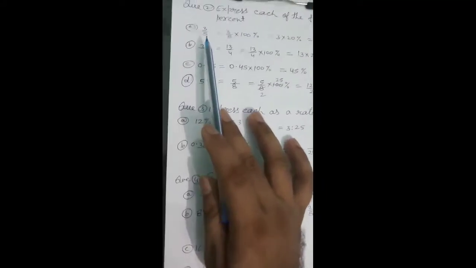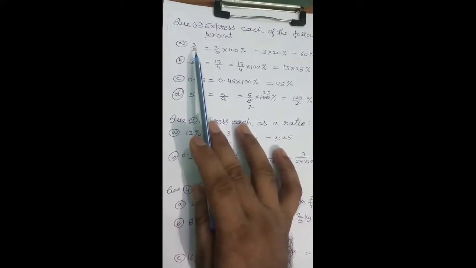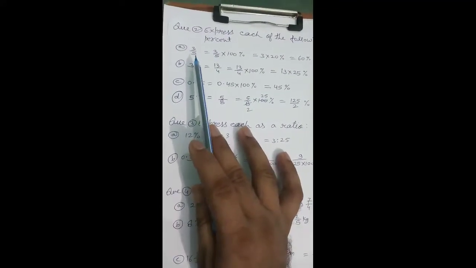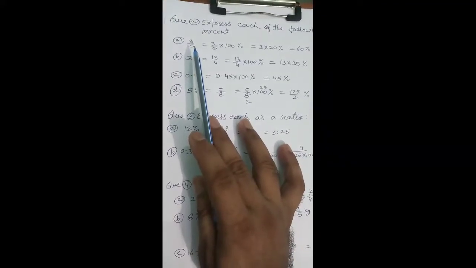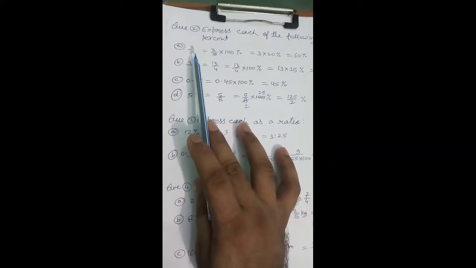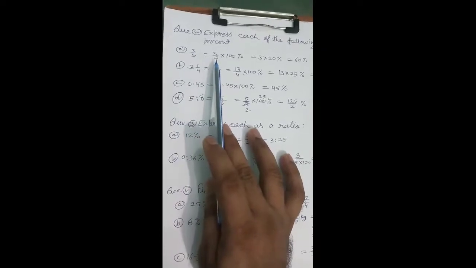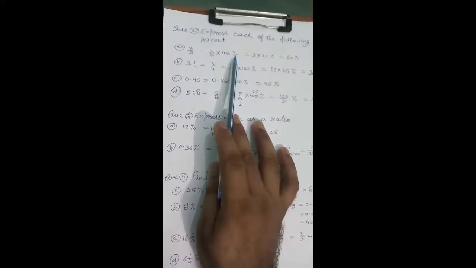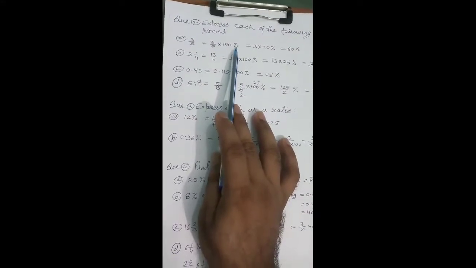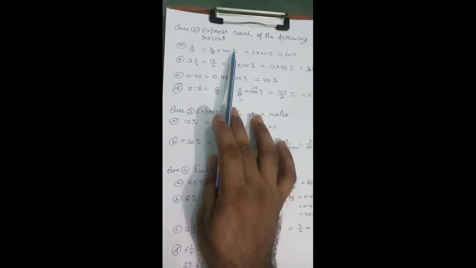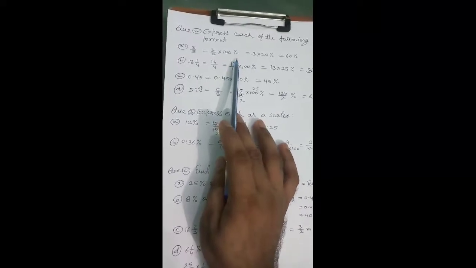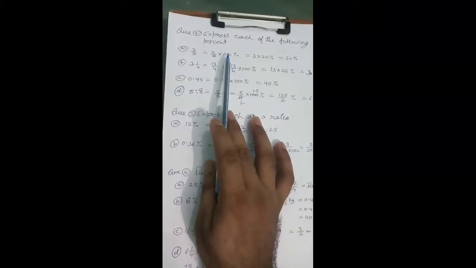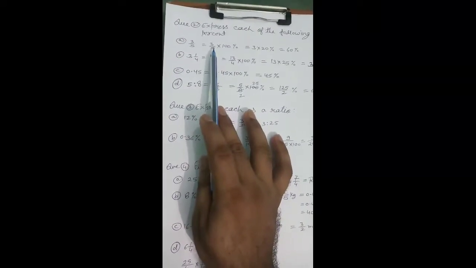See children, your question is 3 by 5. How to convert 3 by 5 into percentage? So children, you have to learn the method. When a fraction is converted into percentage, the fraction is multiplied by 100%. Don't forget to put this sign, because percentage means 1 upon 100. 1 upon 100 into 100 will cancel, and 3 by 5 will remain.